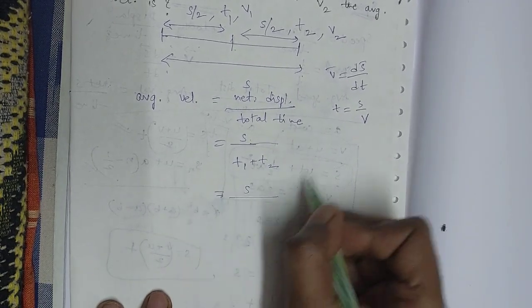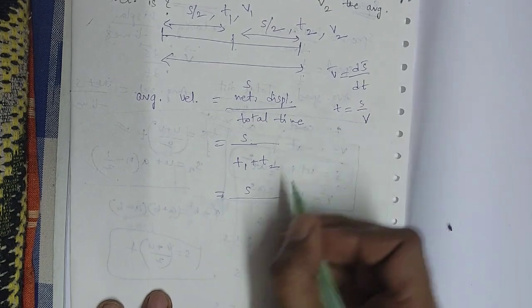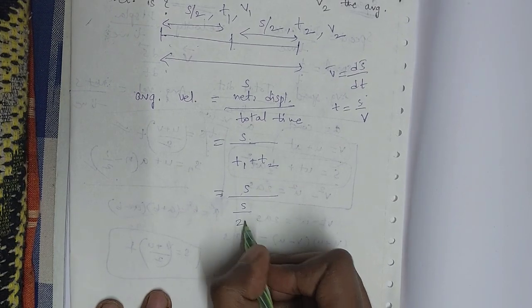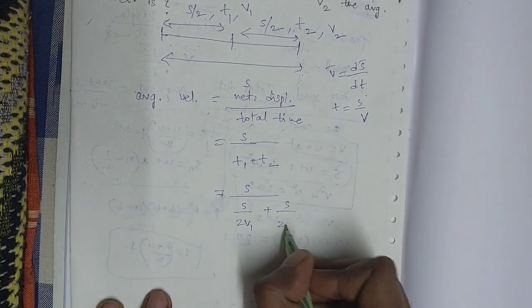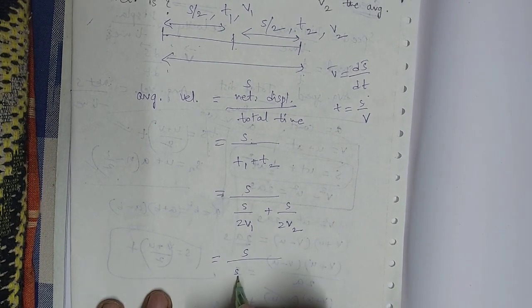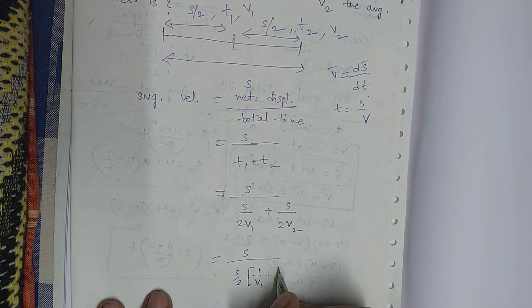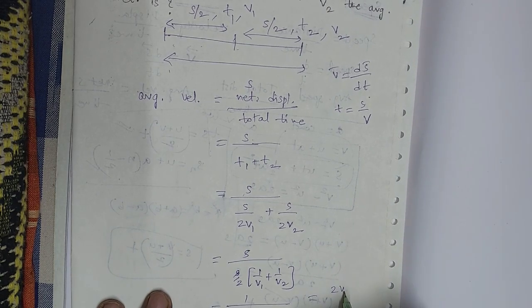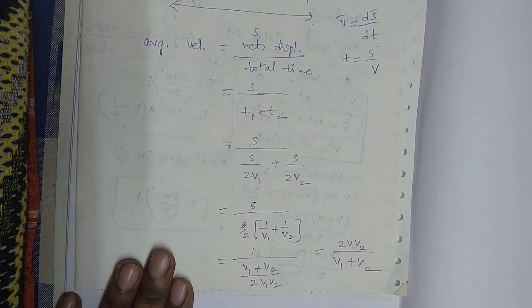Here t1 is s1 by v1, but s1 is s by 2. So s by 2 v1 plus s by 2 v2. When we take s by 2 common, 1 by v1 plus 1 by v2, here s gets cancelled. It will become v1 plus v2 by 2 v1 v2. Hence, the average velocity is 2 v1 v2 by v1 plus v2. This is the formula.